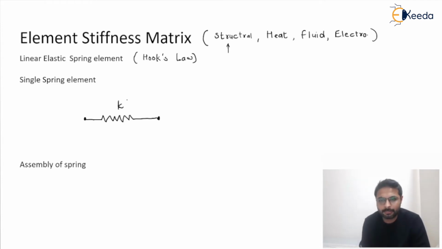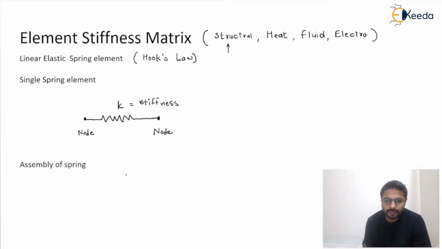Small k here represents the stiffness of the material. In between these two ends or nodes, this is the symbolic representation, and it is denoted by k, which is the stiffness.